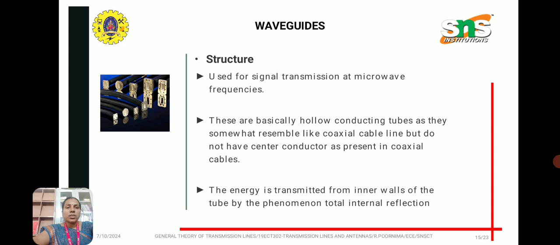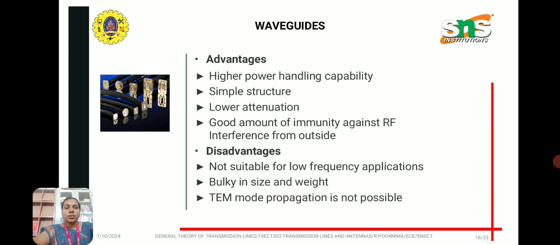Next is waveguides. These are used for signal transmission at microwave frequencies, above 300 MHz. These are basically hollow conducting tubes. They somewhat resemble coaxial cable, but they do not have a center conductor as present in coaxial cables. The energy is transmitted along the inner walls of the tube by the phenomenon of total internal reflection.